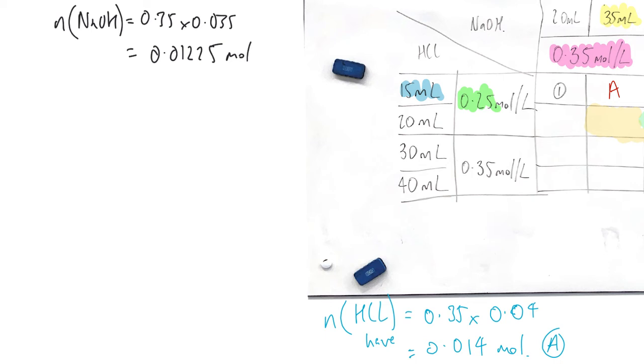Okay. This is the number of moles of NaOH that I have. This is the number of moles of HCl that I have.